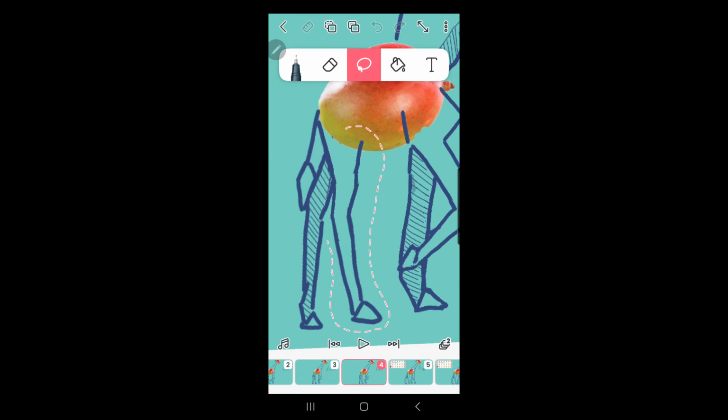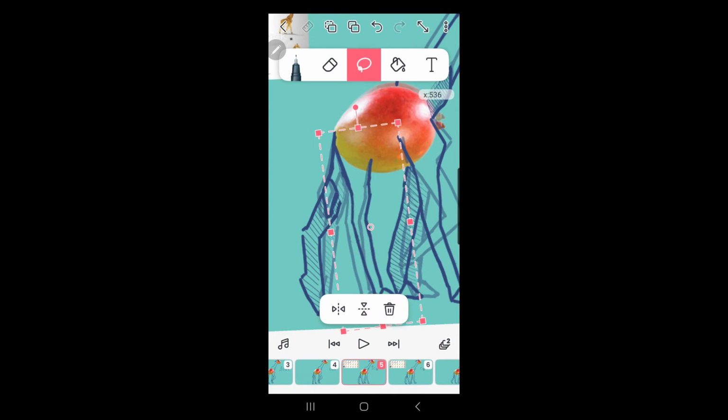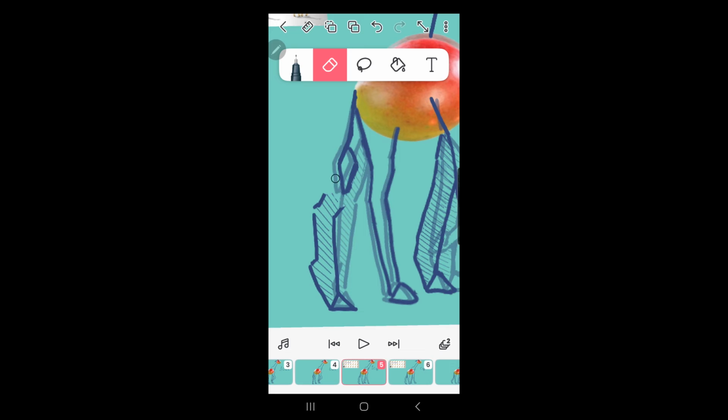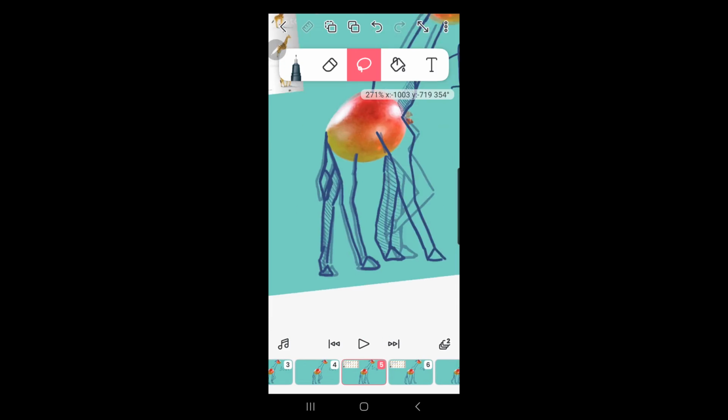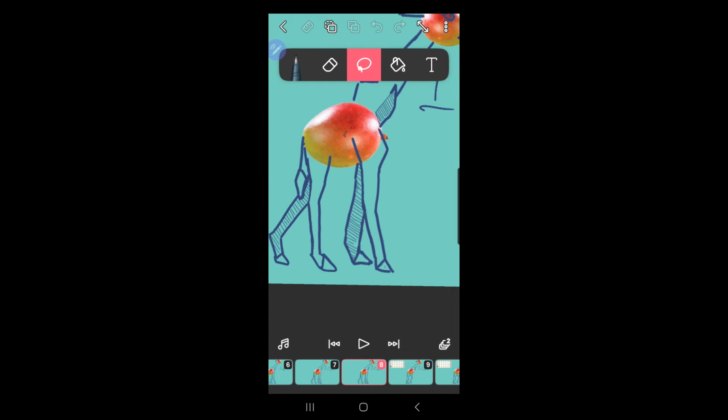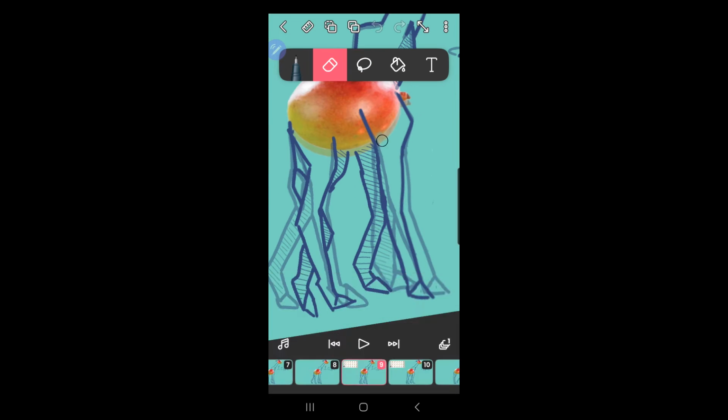Because there's generally a reason why something doesn't look right, whether it's moving too stiff and there's no emotion or gravity in your animation, and whatnot.